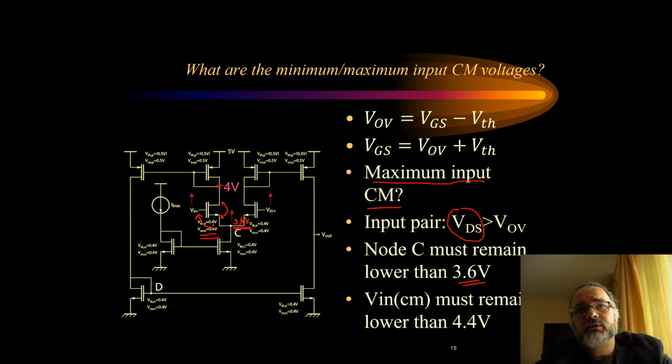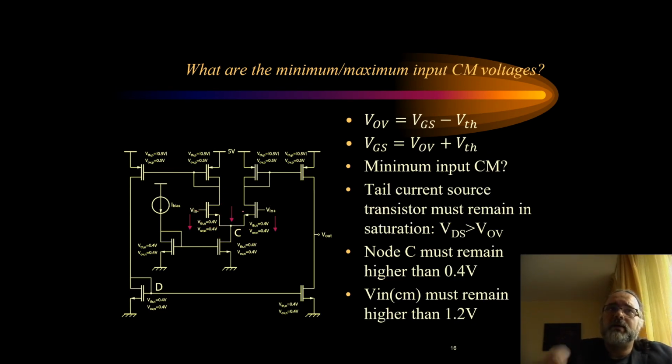So this is 0.4 plus 0.4, which is 0.8. So when this node is 4.4 volts, this node C will be 3.6, and this transistor will be just at the edge of saturation. If we go above 4.4 volts for the common mode, the input transistor pair will go out of saturation. Now let's consider what is the minimum common mode voltage.